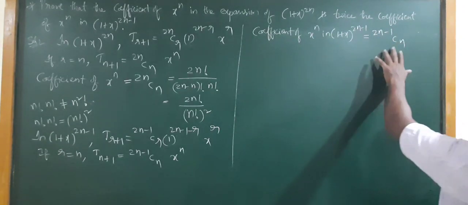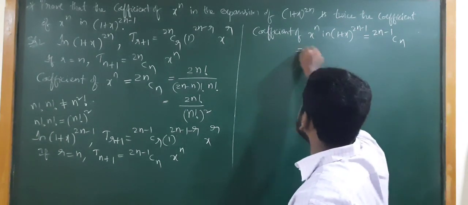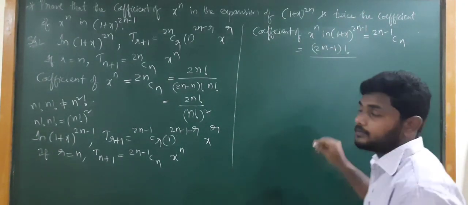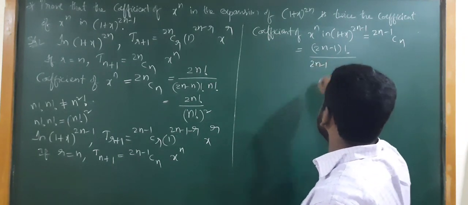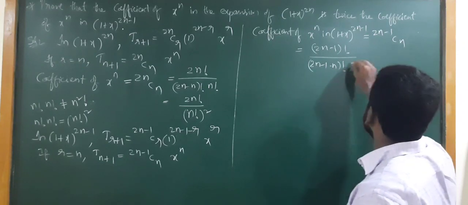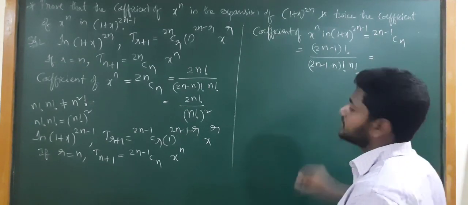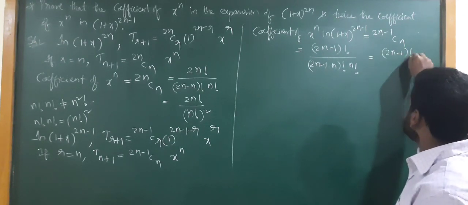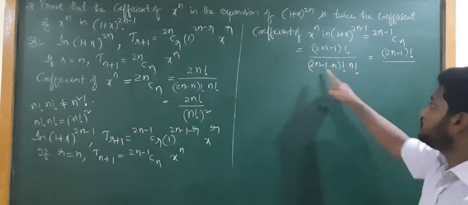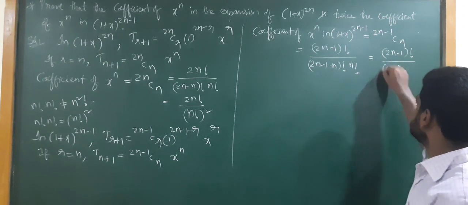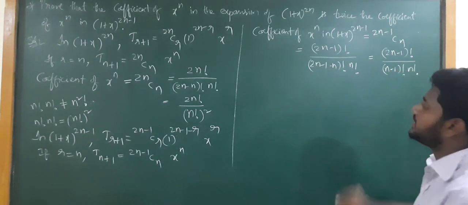Now again, by using the nCr formula, how can we expand this? 2n minus 1 factorial divided by (2n minus 1 minus n) factorial into n factorial. This is equal to 2n minus 1 factorial divided by (n minus 1) factorial into n factorial.